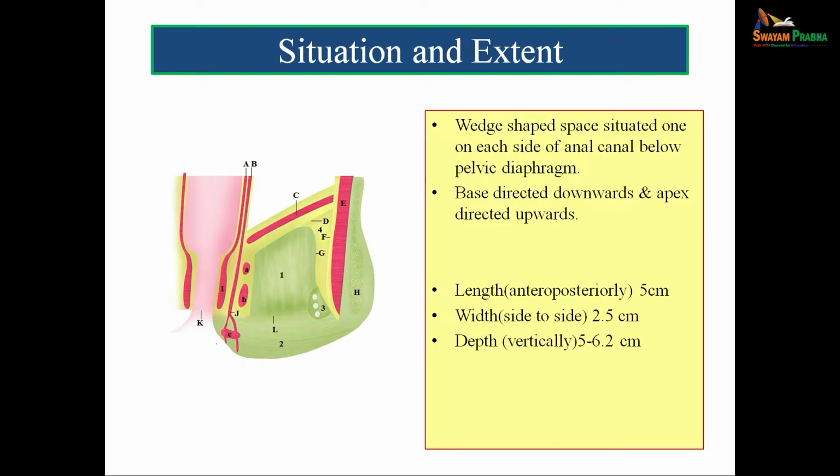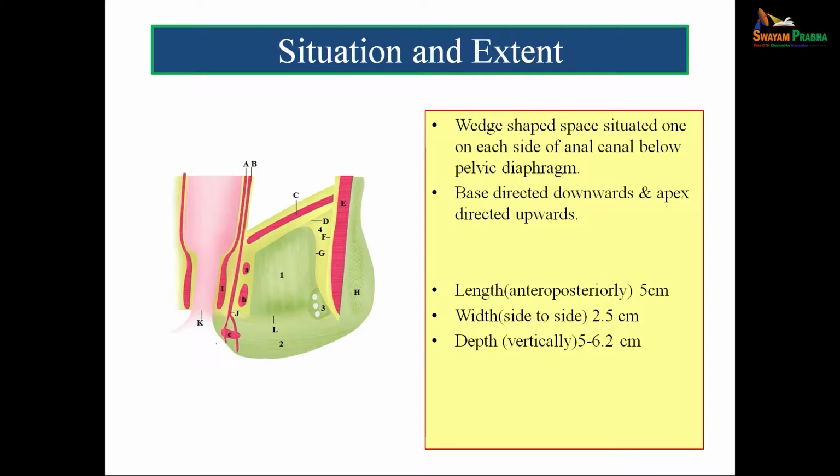So ischioanal or ischiorectal fossa, as is classically mentioned in the textbook, is a wedge-shaped space. If you see the figure in front of you in the slides, marking 1 which I have made, that is the ischioanal or ischiorectal fossa. This green colored area marked by 1 in the figure is the ischioanal fossa.